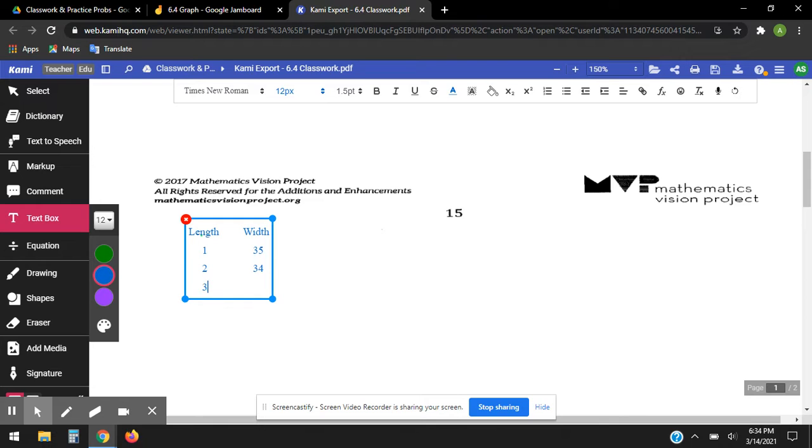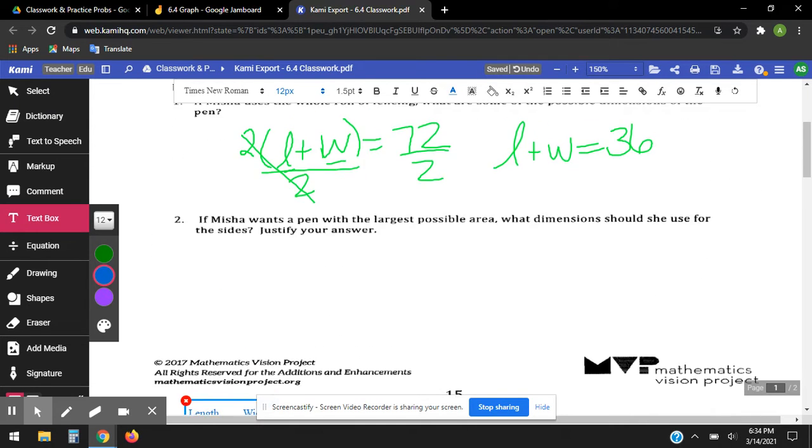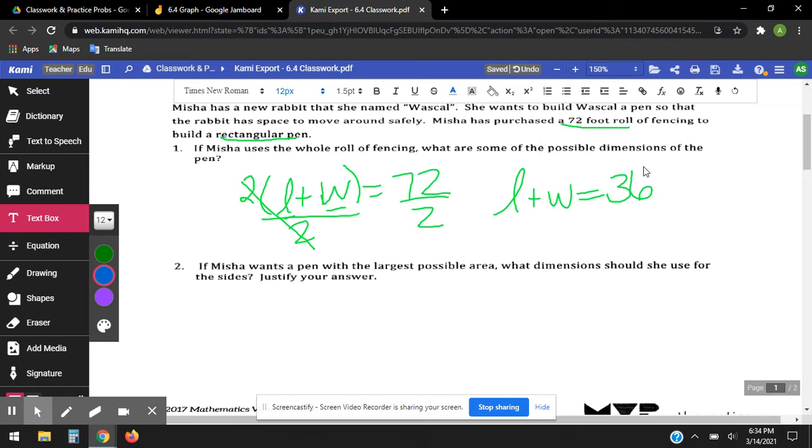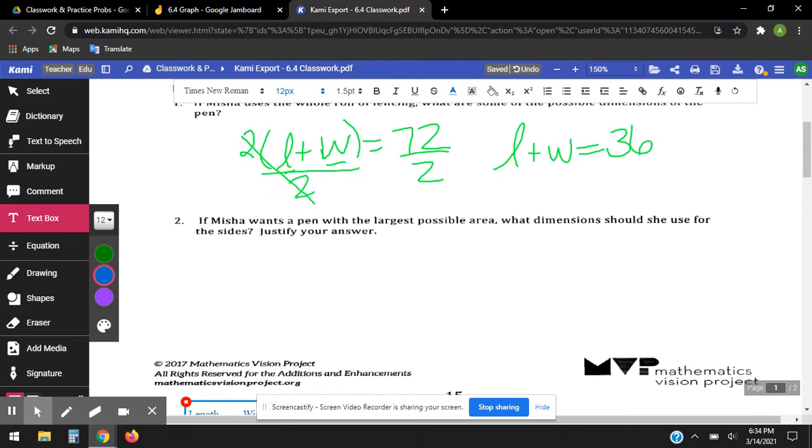Length of 3, we'll just go down a little ways, a width of 33, of 4, we'd have a width of 32, length of 5, we'd have a width of 31, and we'll do one more. 6 is a length of, or width of 30. Okay, so this gives us some options she could do. Probably won't have it long and skinny, but all it says is, what are some of the possible dimensions? So we could have those different dimensions.